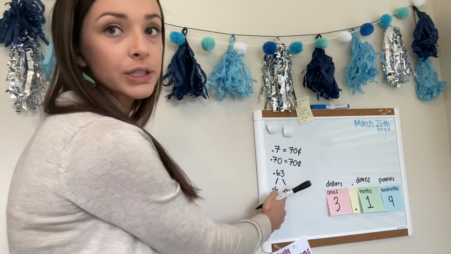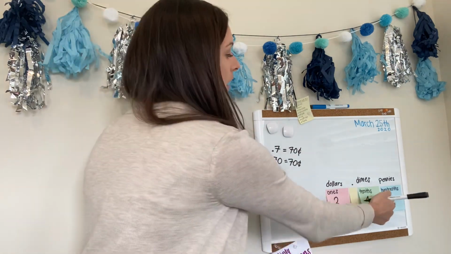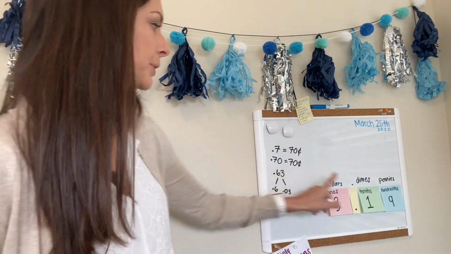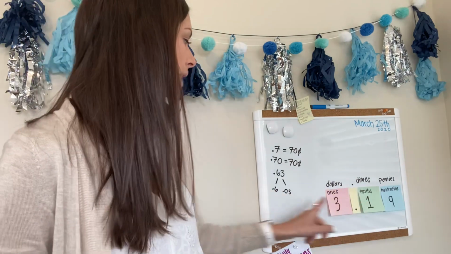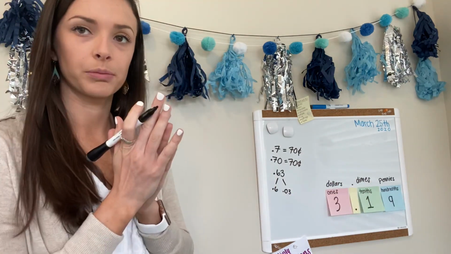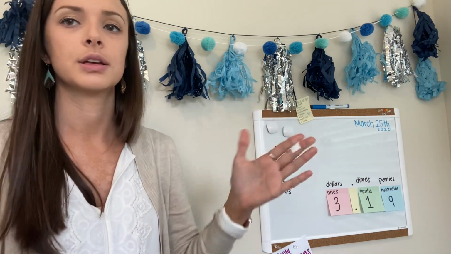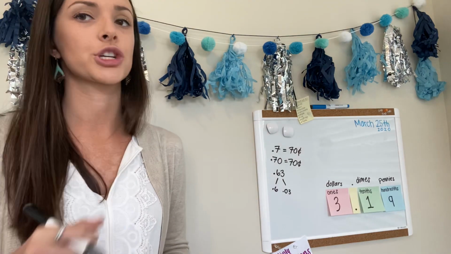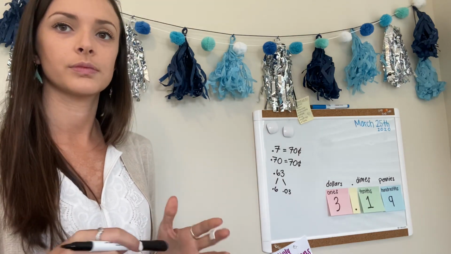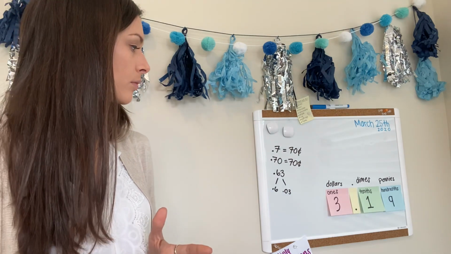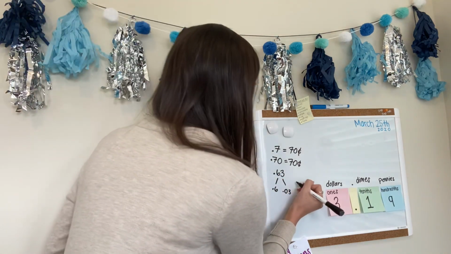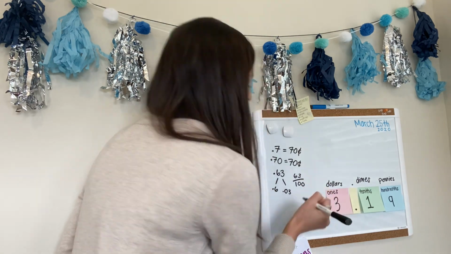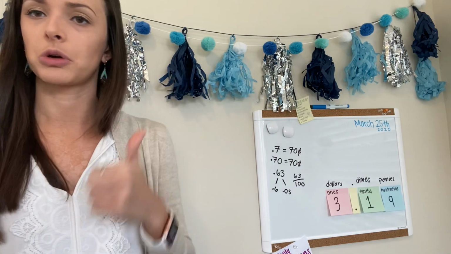Again, notice that I'm putting that 0 in the tenths to show that I have my 3 in the hundredths. So this is 63 hundredths, or 6 tenths and 3 hundredths together. But I don't call it 6 tenths, 3 hundredths. I call it 63 hundredths. So go ahead and show me this in a fraction right now. All right, if you've got 63 hundredths, you are in good shape.